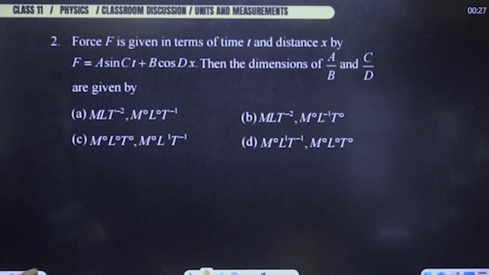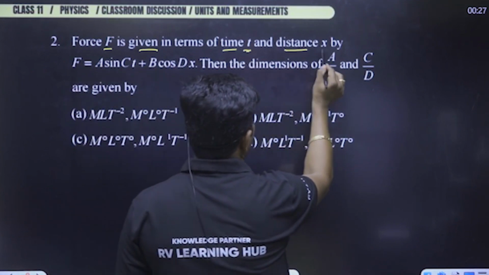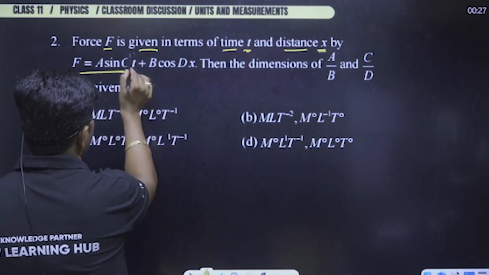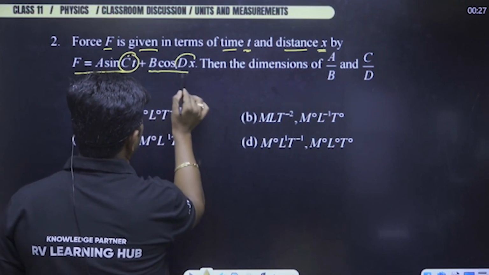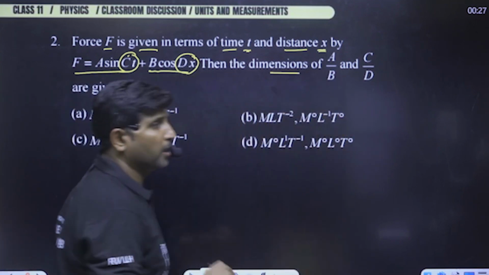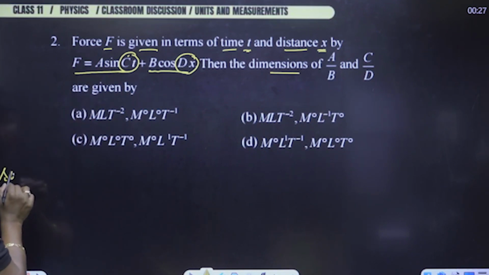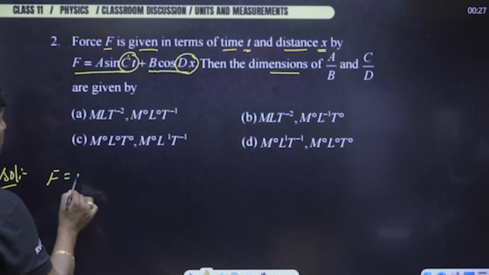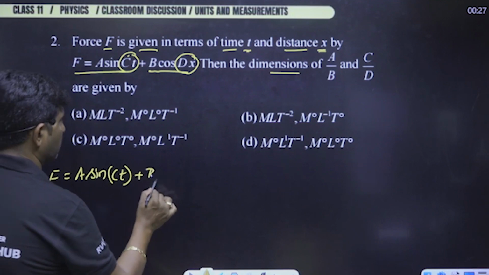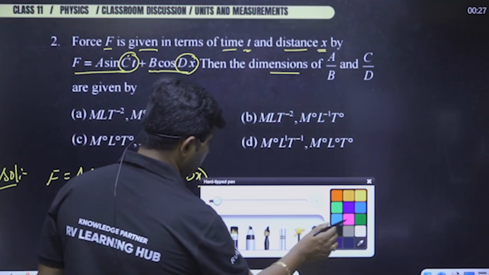Force F is given in terms of time t and distance x by F equals a sin(ct) plus b cos(dx).